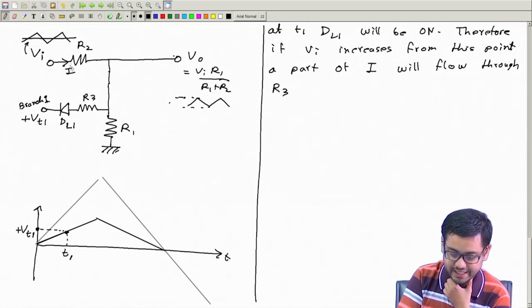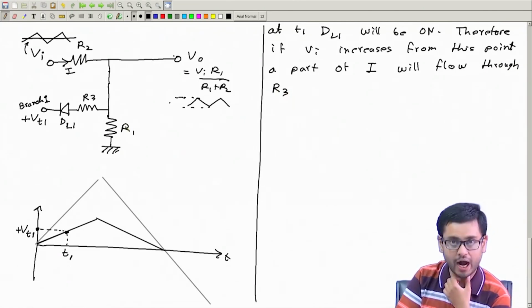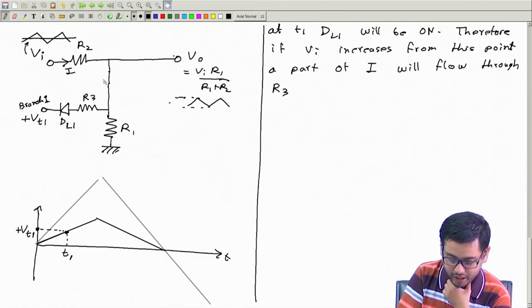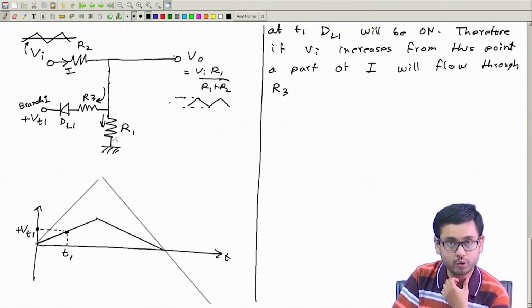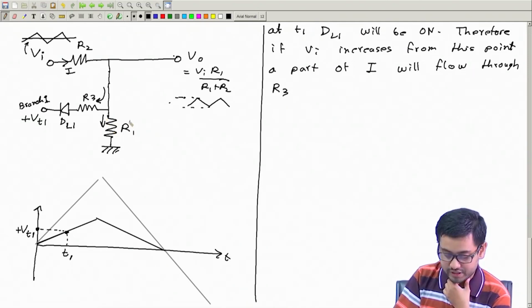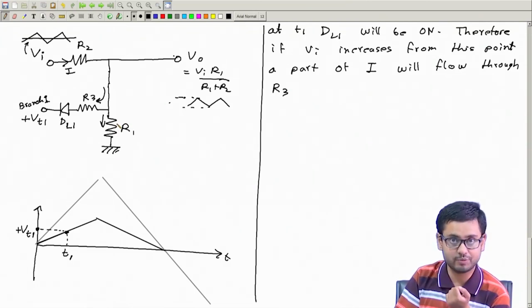So previously, the entire I was flowing through R1. Therefore, this voltage was increasing quite rapidly. Now, a part of I will branch through this, and therefore this current which goes through R1 is smaller. Therefore, this voltage will not increase as fast as before.